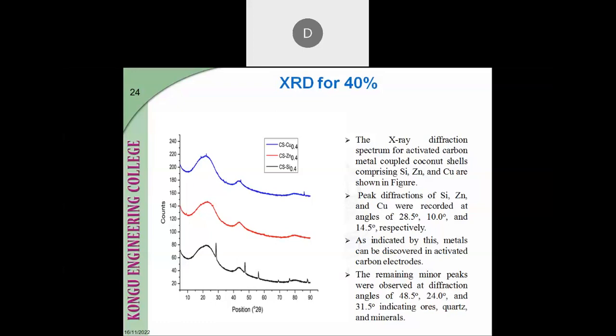This is the important thing. The remaining peaks indicate the presence of silica and other things, and the silica is also present. So this is about the XRD.